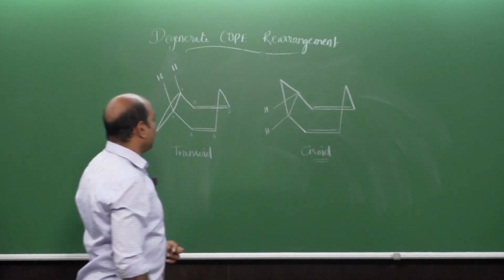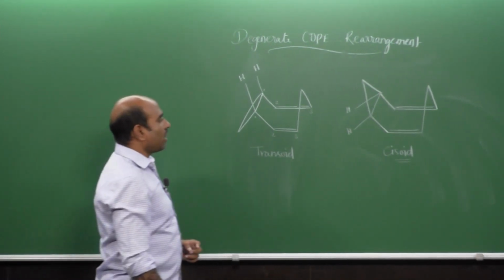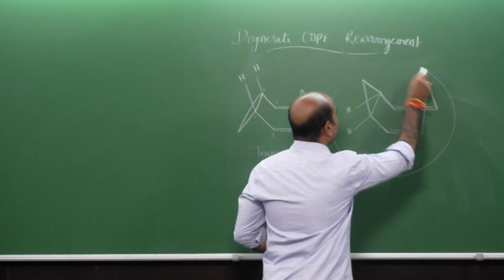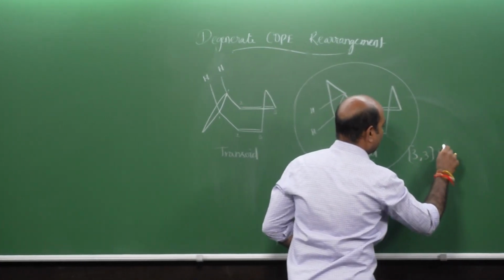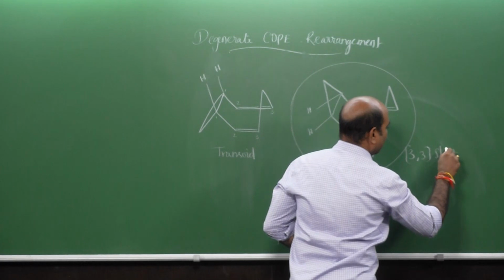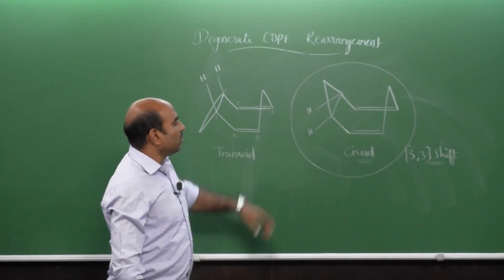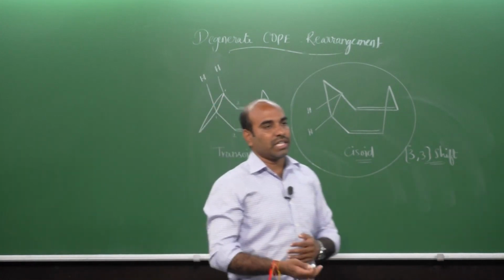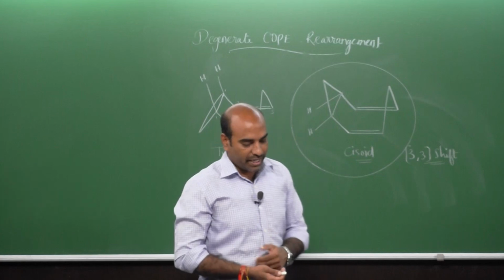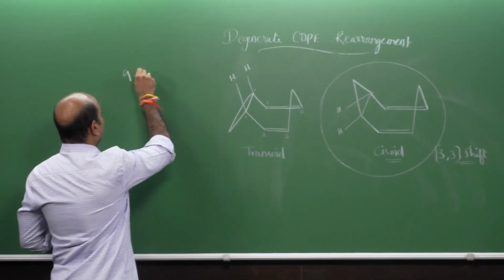Among these two, transoid and cissoid, the cissoid conformation readily undergoes the 3,3 sigmatropic shift compared to the transoid form. So, the best example to justify this is the degenerate Cope rearrangement shown by 9-barbaralone.